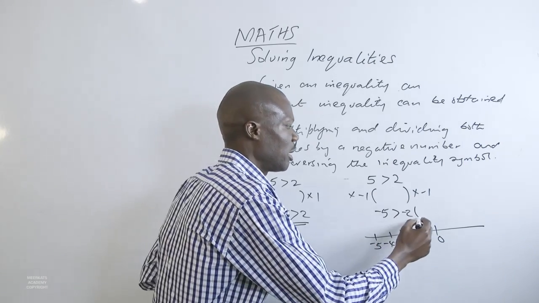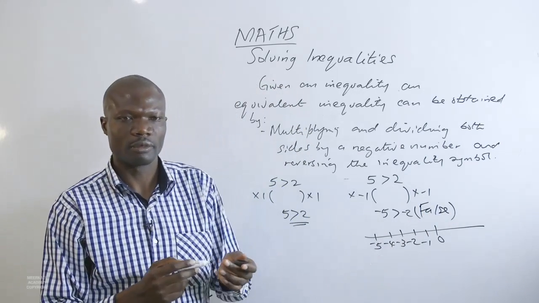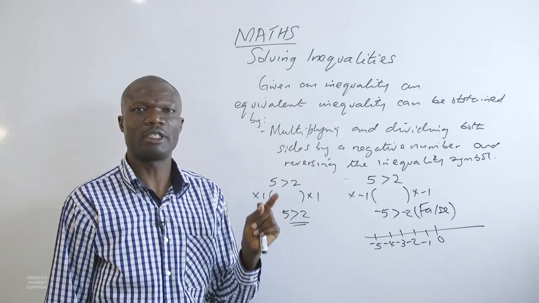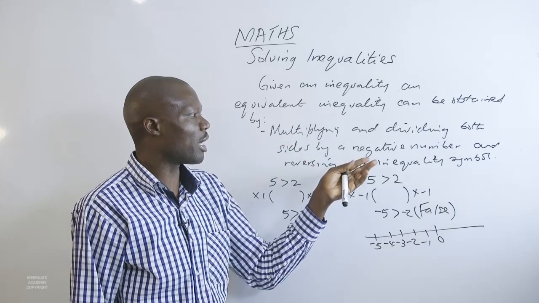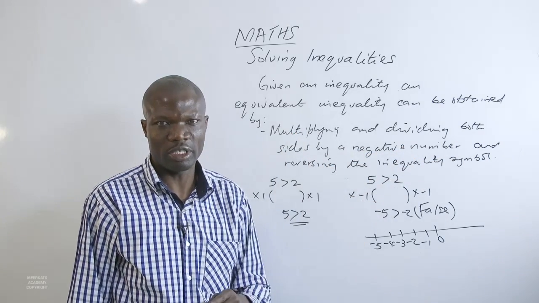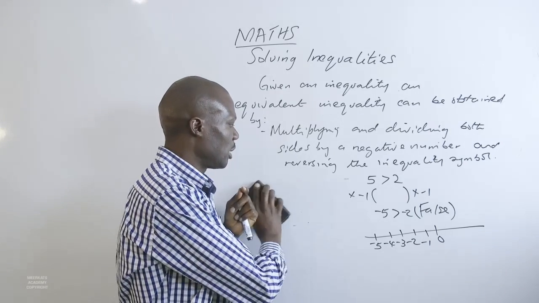So this statement here is false. So how do we make that statement to be true? That's why we've said if you happen to multiply with a negative number, then you'll have to reverse the inequality sign.